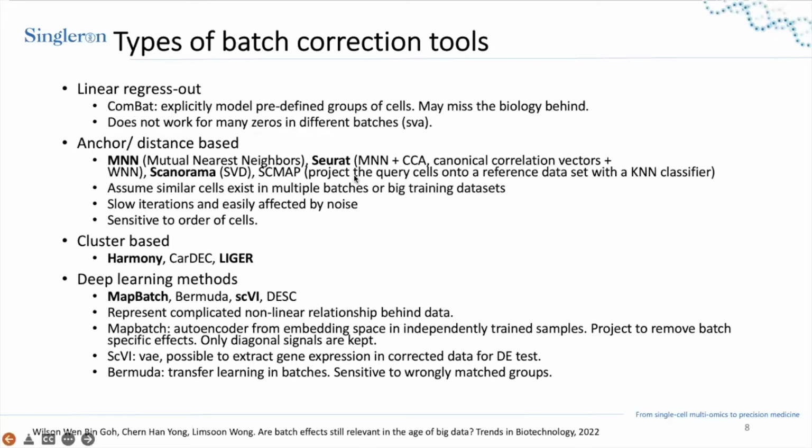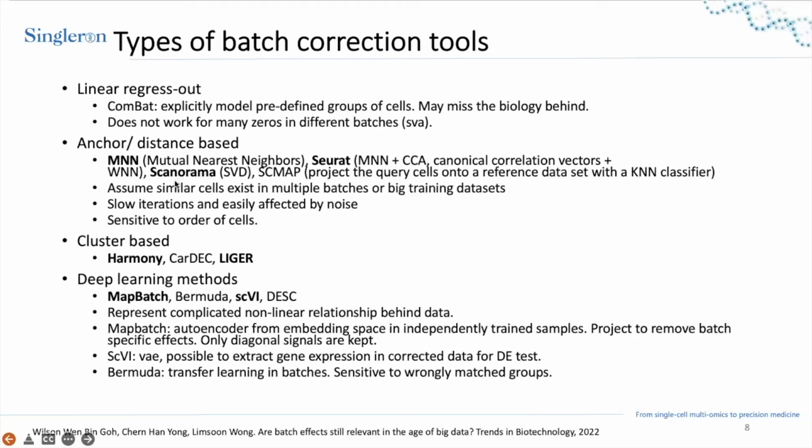Seurat, on top of MNN, adds CCA to reduce the dimensions from these MNN distances, and does weighted nearest neighbor calculations to project the new data set to the reference data set.